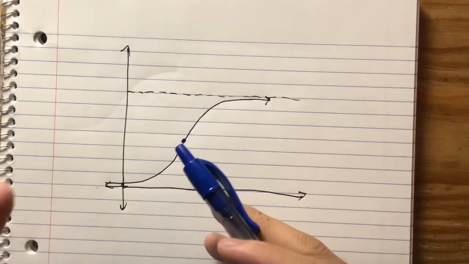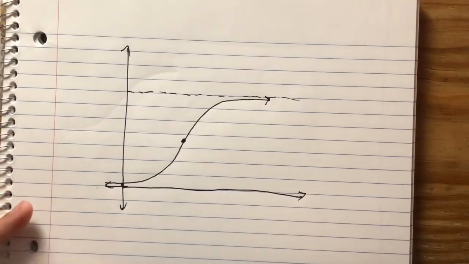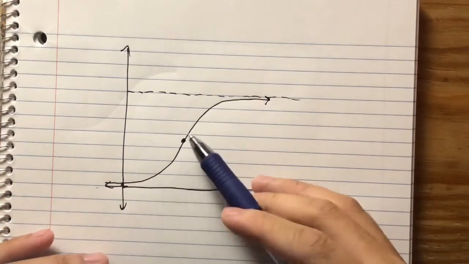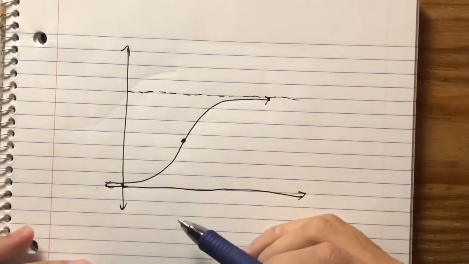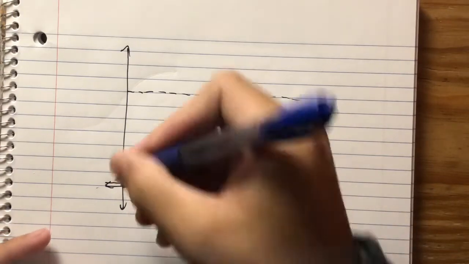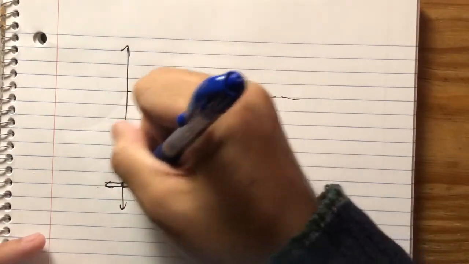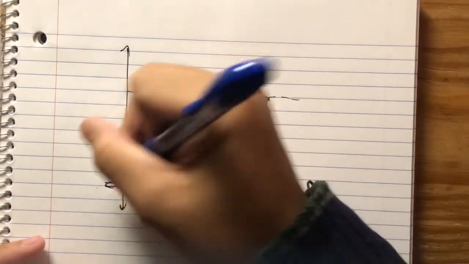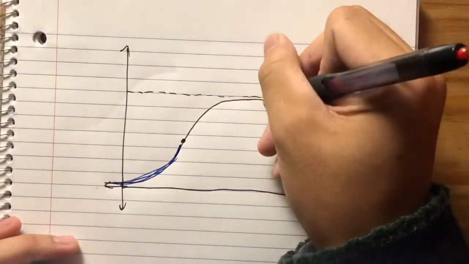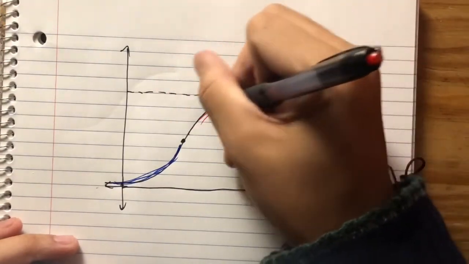What this causes in the graph is a change in concavity, with a concave up part at the beginning, and then a concave down part.